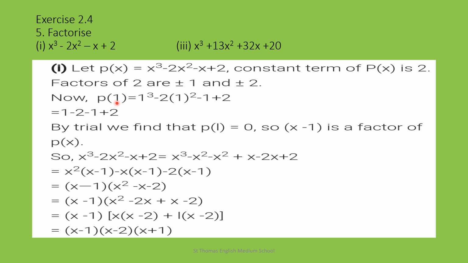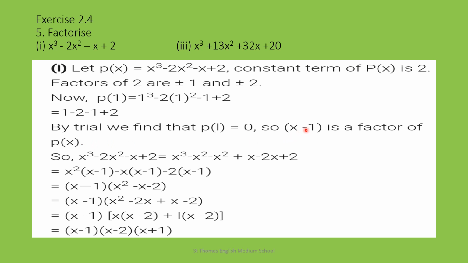Find p of 1, that is equal to 1 cube minus 2 multiplied by 1 square minus 1 plus 2. So you have 1 minus 2 minus 1 plus 2, that is equal to 0. Since p of 1 equals 0, you can write x minus 1 is a factor of p of x. Now you got one of the factors as x minus 1.